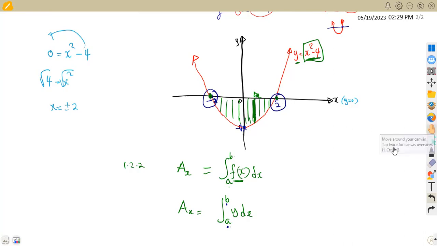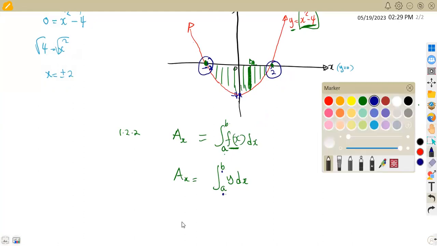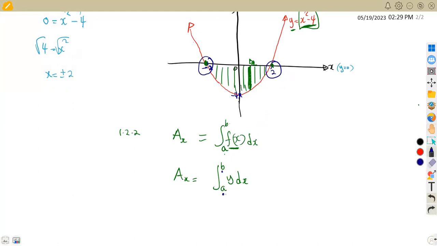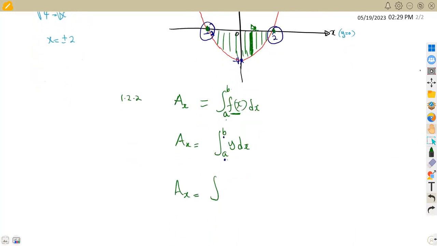All right, so meaning to say our area in this case can be determined. Our area is the integral of y, where y is a function with respect to x, that's x squared minus 4, with respect to x.